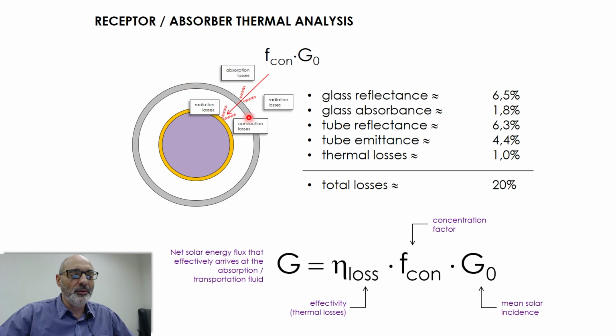As I hope you can see, you have several kinds of losses. You have absorption losses. This means that this energy is going to be absorbed by the glass. It's not perfectly transparent, so it heats, its temperature rises a little compared with the environment temperature, so it's going to lose energy through convection. You also have reflection. The tube is not perfectly transparent, so it may reflect some of this energy.